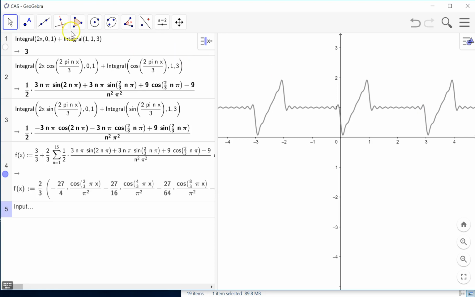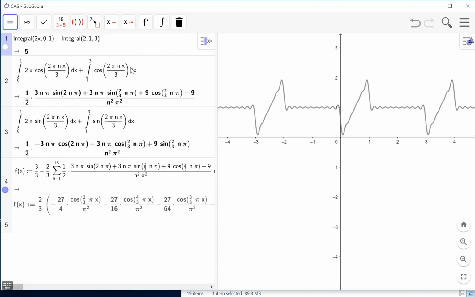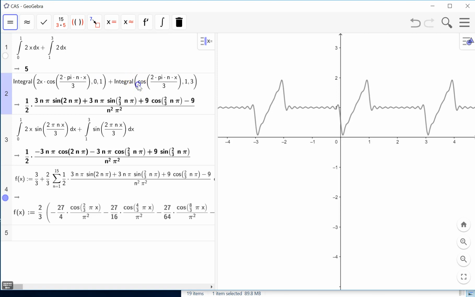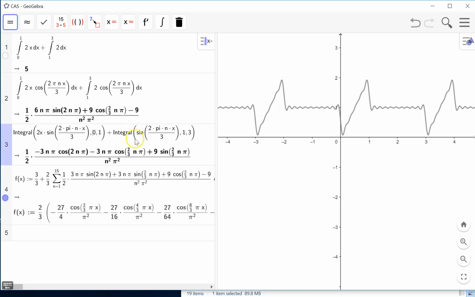So I made an error there, but if I wanted to change this to 2, I could do that pretty quickly here, I think. Let's just change this integral, this to a 2. I need to put in a 2 in front of this cosine here. And I need to put in a 2 in front of this sine here.